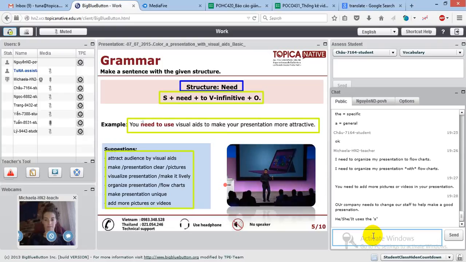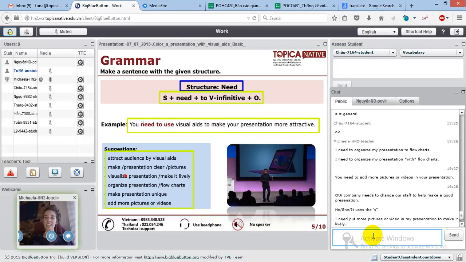I need ask more picture or video in my presentation to lively. Excellent. Nice use of the new vocabulary word, lively. All right, so I need, number 2 comes before the verb put.